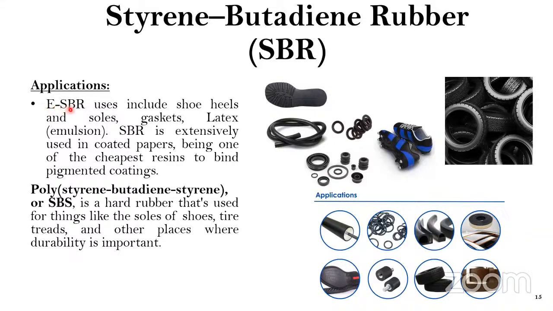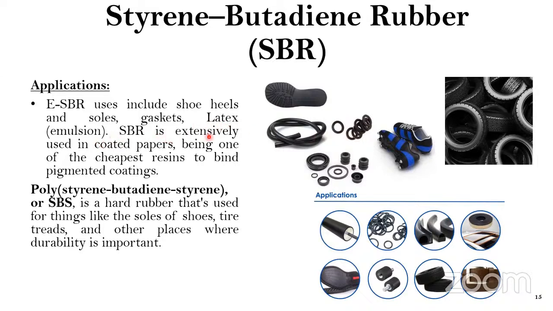Emulsion SBR, if you get the SBR from emulsion, has maximum application in shoe heels or soles, this kind of things, or gaskets. The gasket also has an automobile industry application.